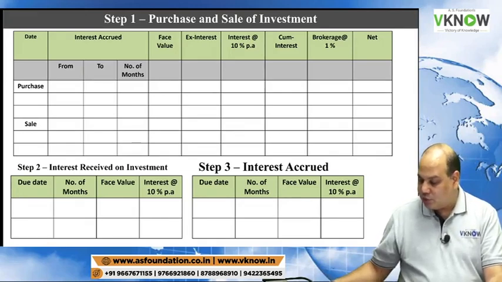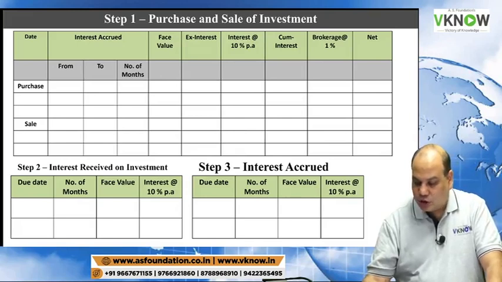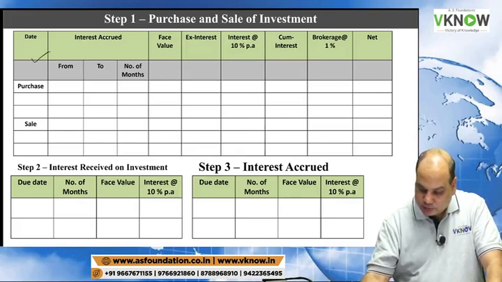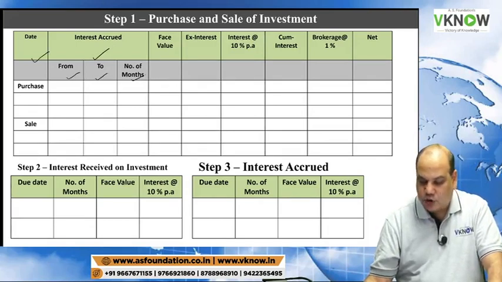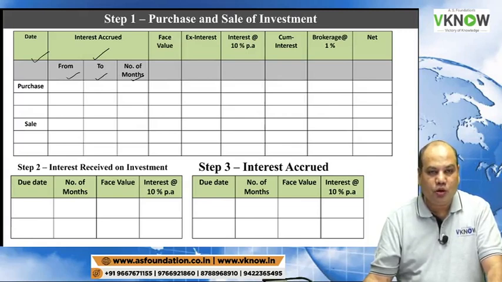So this time this format has 10 columns. Date, interest accrued. Under interest accrued you will write from, to, number of months.